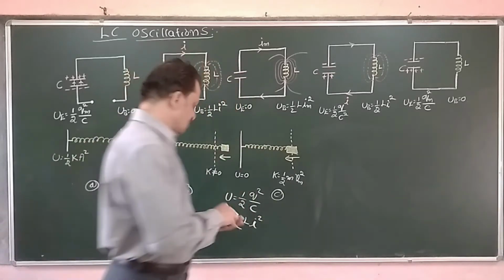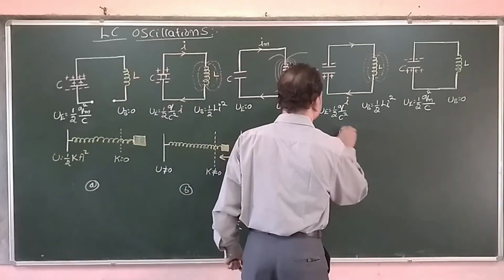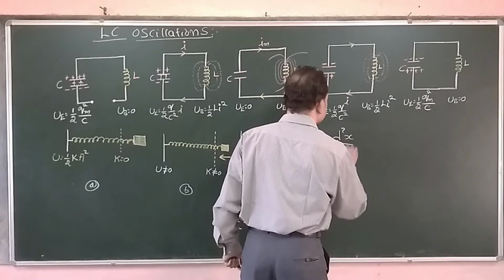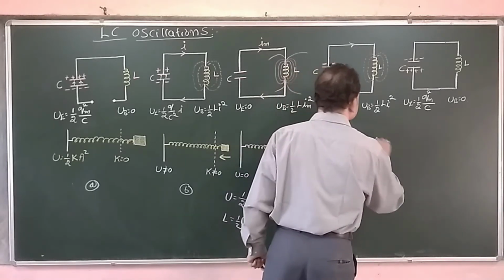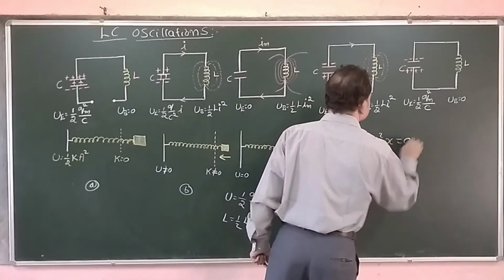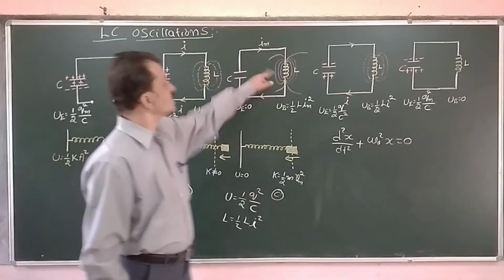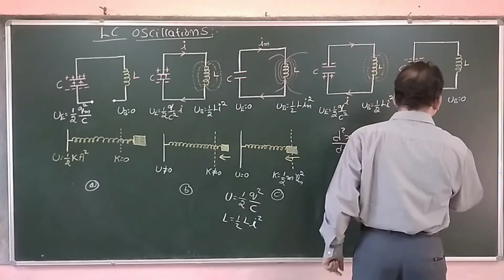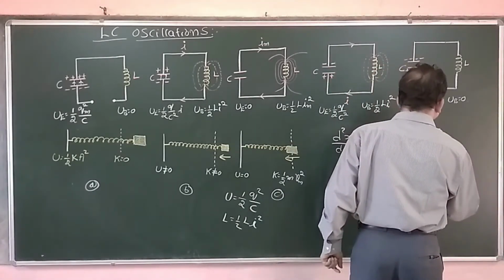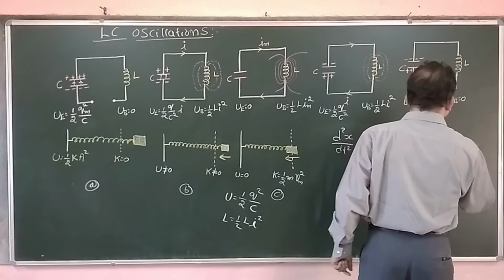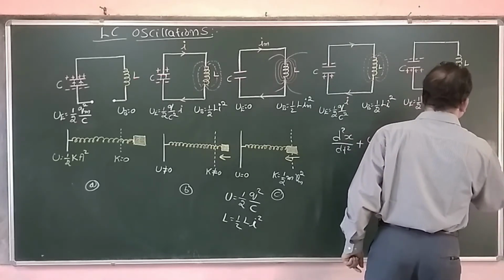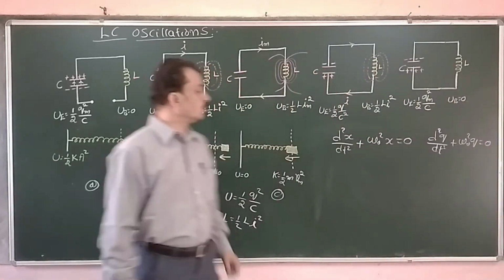Now this mechanical oscillation is given by the equation d2x by dt square plus omega naught square x is equal to 0. This is for mechanical oscillation. Now what is the electrical oscillation that we have obtained? d2q by dt square plus omega naught square into q is equal to 0.